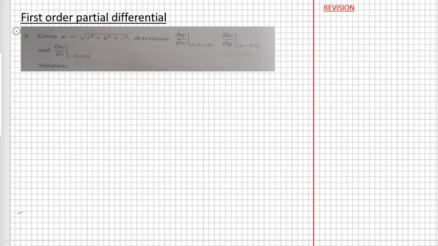They want us to determine the partial derivative of the function with respect to x. So that's the first question. In this case, we have a multivariable function which is made of 3 variables.